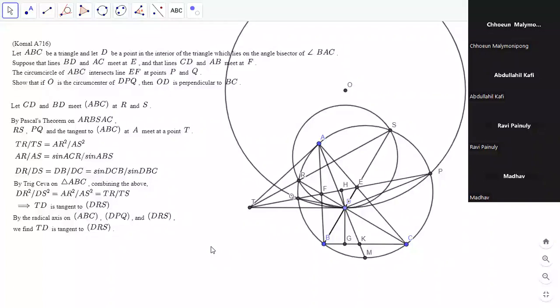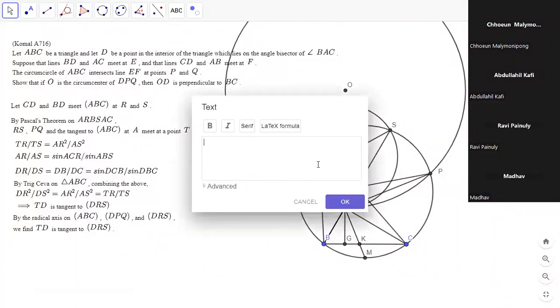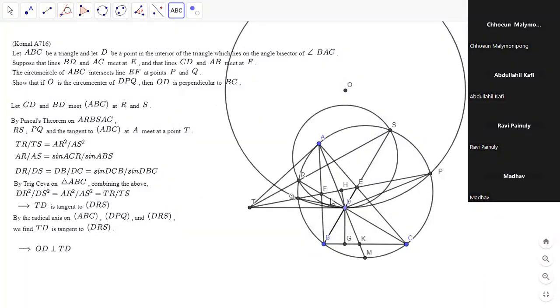Then OD is perpendicular to DT. But then OT is perpendicular to DT, or OD is perpendicular to TD. That's a good point. So that OD is perpendicular to TD. So yeah, TD being tangent.